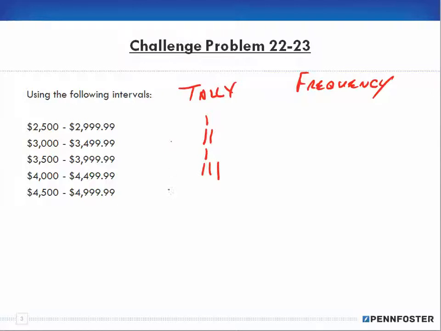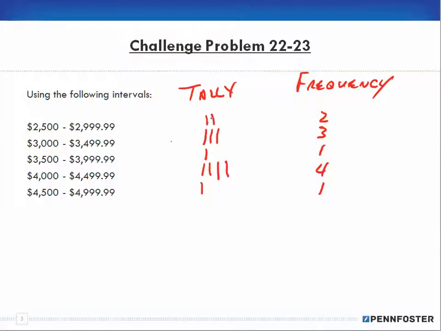Physician assistant 4,427 would be in the same spot because it's greater than 4,000 but less than 4,500. 3,056 would fall here. 4,530 would fall on this last interval, and 2,500 would fall in the first interval. So my frequency for each one: this is 2, this is 3, this is 1, this is 4, and this is 1. So that's doing the frequency distribution.